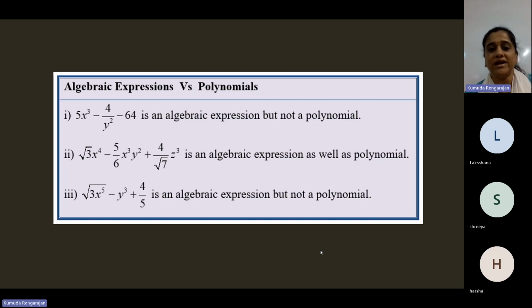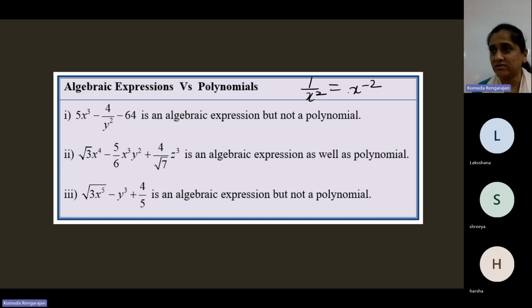See, if I write 1 by x square, 1 by x square is not a polynomial, so you can't call it a monomial. It's an algebraic expression with one term. 1 by x square is not a polynomial because it is nothing but x to the power minus 2.